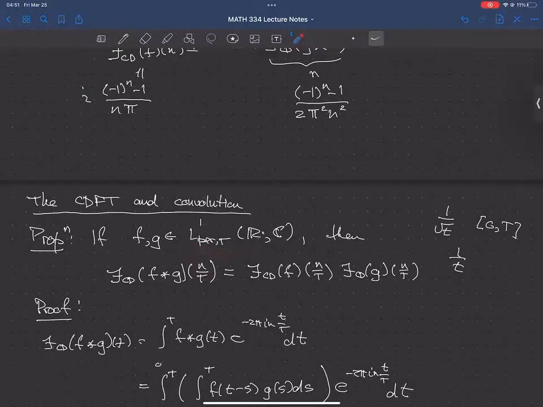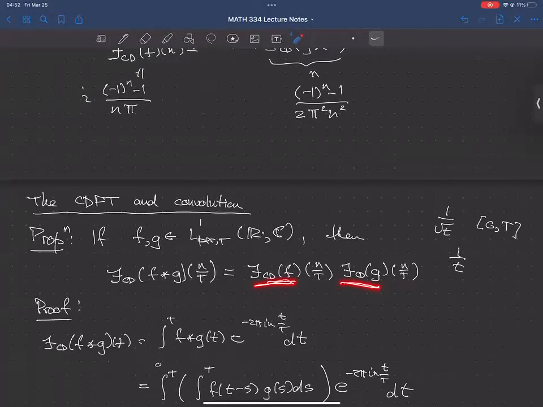You have to have some additional hypotheses, and we're going to give those. And so now there's no one rule which is going to work all the time. What we're going to do is give the hypotheses not on F and G, but on the transforms of F and G. And the hypotheses are going to be so that the transforms are convolvable.